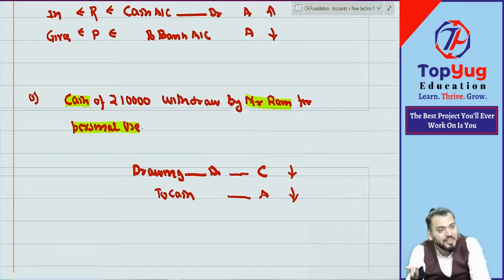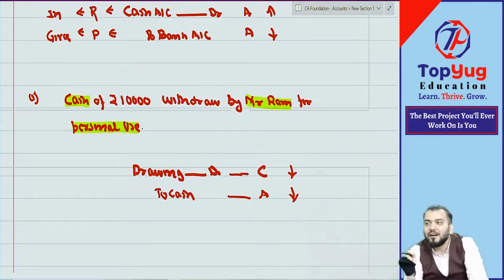So the drawing represents Mr. Ram. Mr. Ram is the capital owner. Are you getting it? The drawing represents Mr. Ram, for what? Capital account only. So for any withdrawal, we don't use capital account, we use drawing account. However, even though you're writing capital account debited, the impact remains the same. But as per the ICAI solution, we'll use which account?